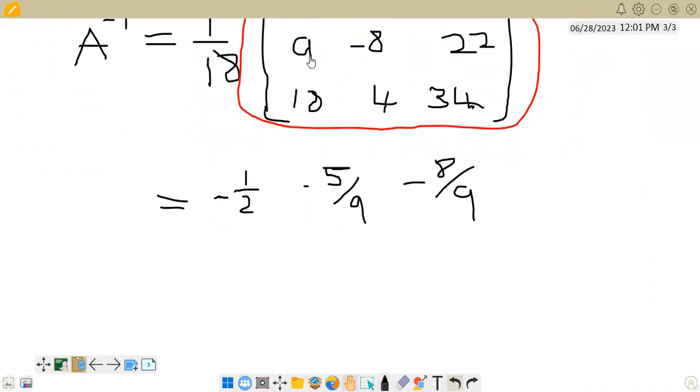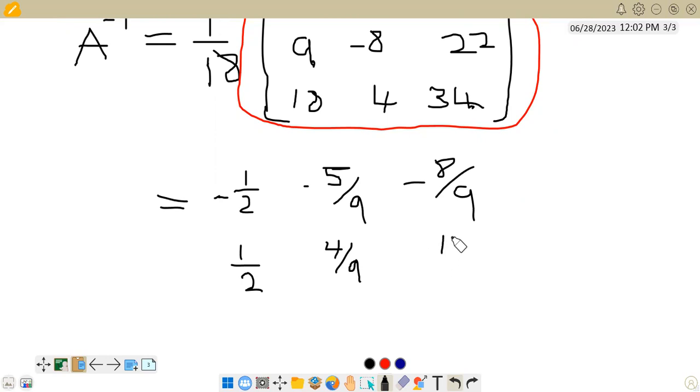Then 1/18 times 9 here, positive, the answer will be half. And 1/18 times negative 8 here, if you simplify, you see that the answer will be negative 4/9. Then 1/18 times 22, you see it will be 22/18, but now we can simplify by dividing 2 into 22 and 2 into 18.